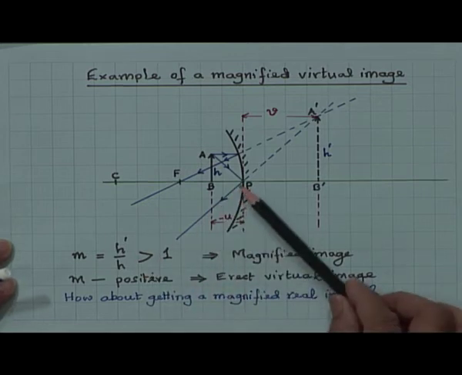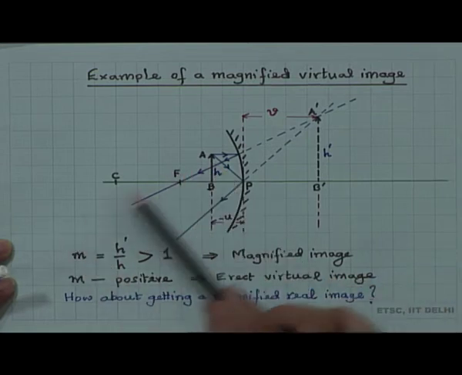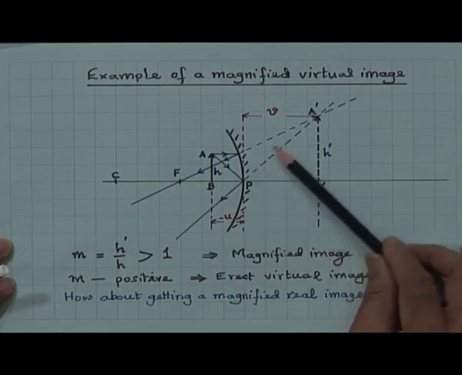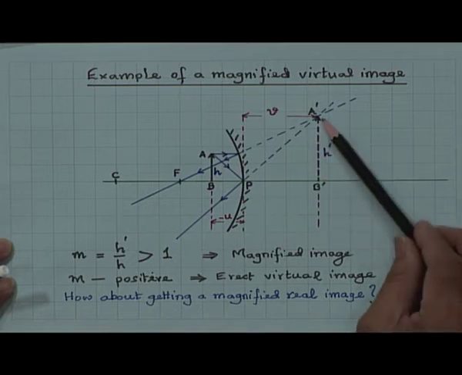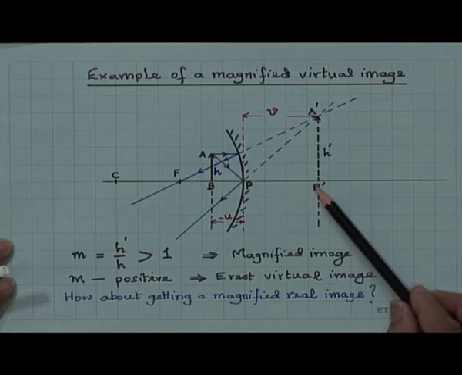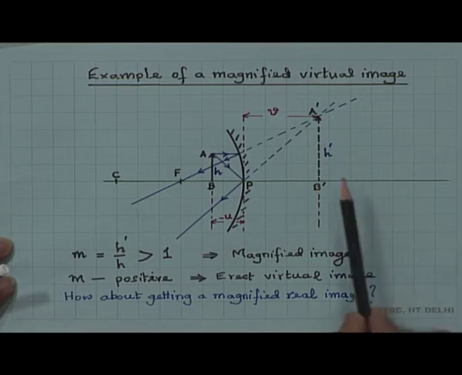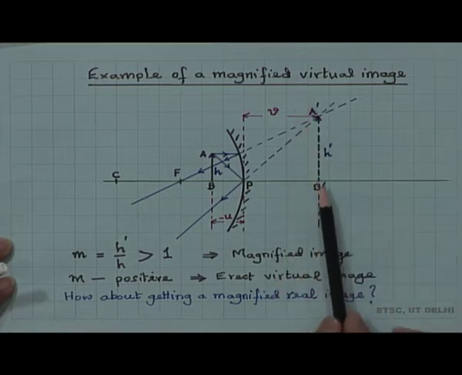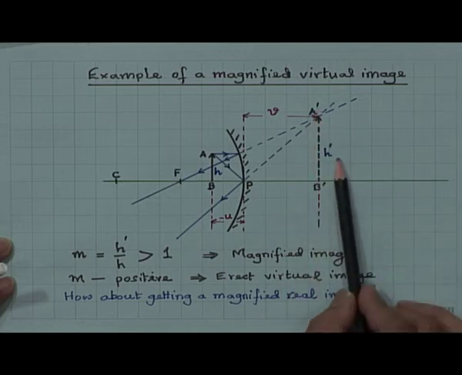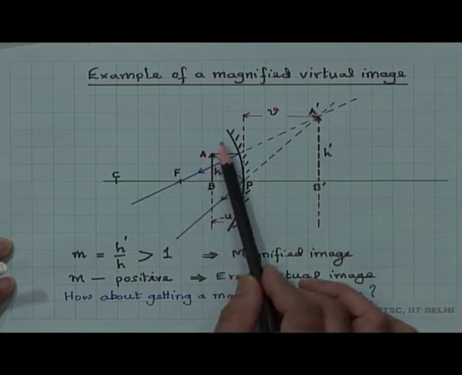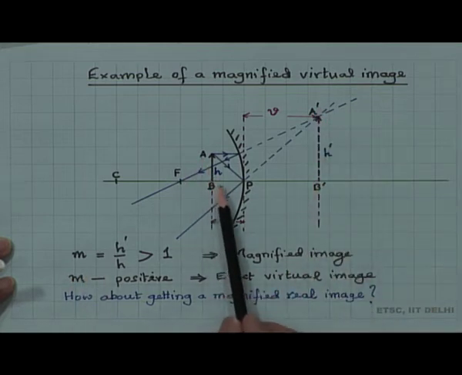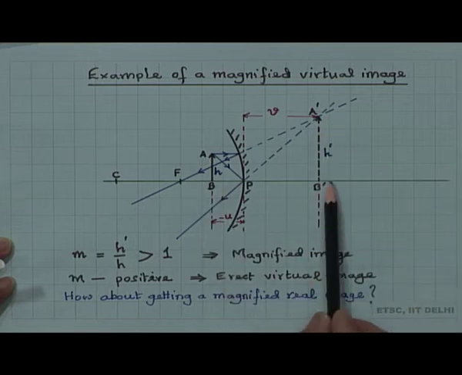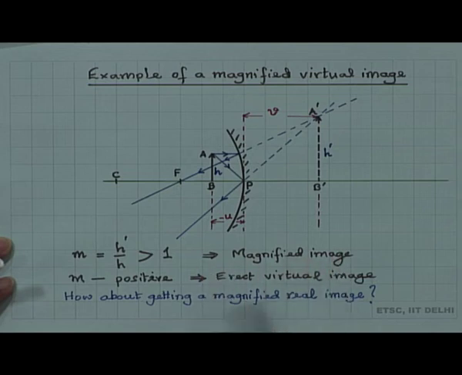As discussed before, these two do not intersect in this direction, but they appear to come from a point here, A dash, and therefore A dash B dash is the size of the image, which is h dash. Note that h dash is positive here, A dash B dash is positive, and AB is also positive. Therefore m, equal to A dash B dash by AB, is greater than 1. We can see it very clearly, it is greater than 1, and we have a magnified image.